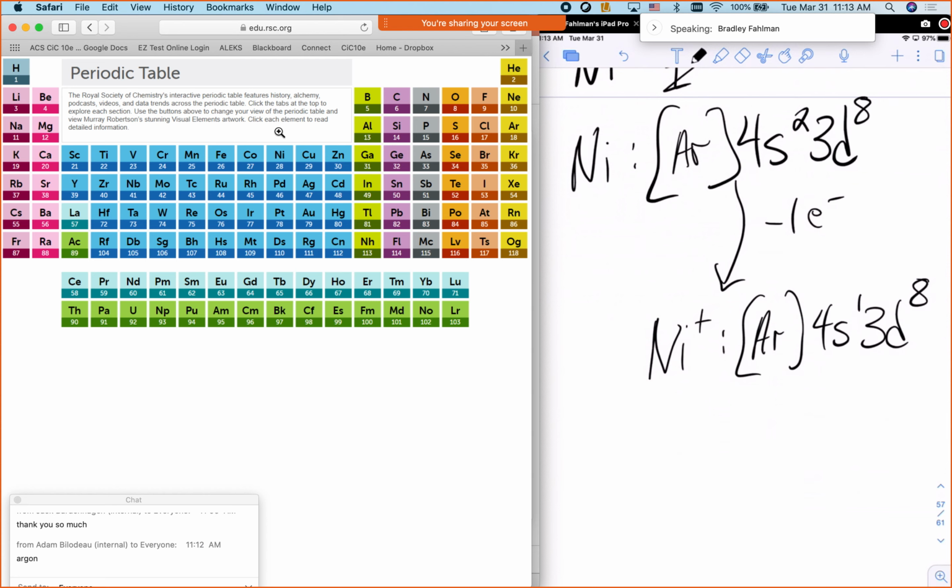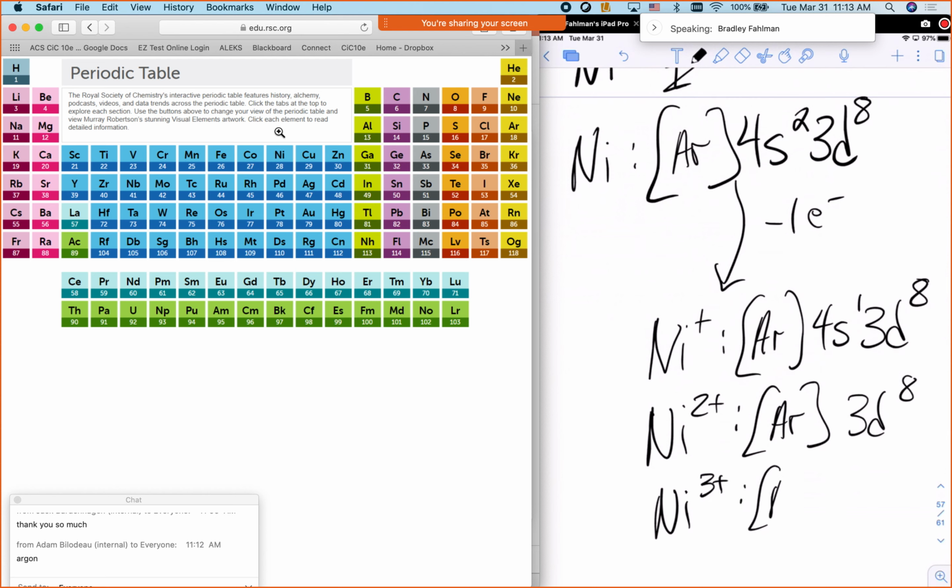Okay, nickel 2 plus would be just argon 3d8. Okay. And then nickel 3 plus, it doesn't form that oxidation state, but I guess it would be 3d7. Right? Argon 3d7. Okay.